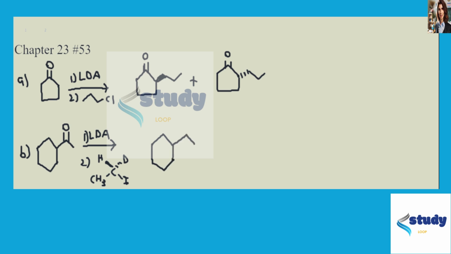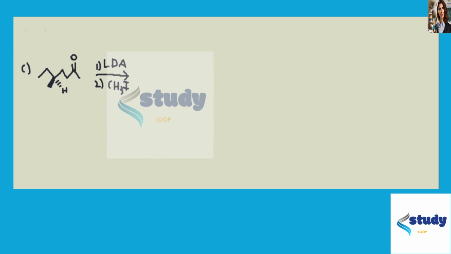We're not going to get a mixture, which I guess might be what you would expect at first look. And so what we're actually going to get is this. Okay, and that's it. No other enantiomer, as I said.